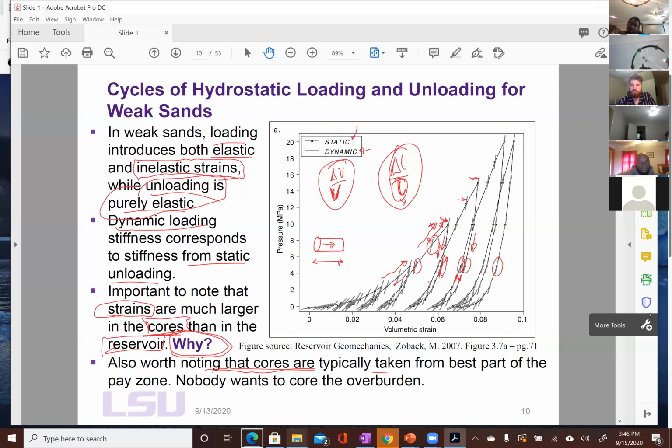And those stresses are much higher than what the rock was subjected to in the reservoir. So those additional loading steps will be irreversible. They will contain both elastic and inelastic strain. So that's a good question. Once you apply stress greater than the rock has already seen, then you could incur permanent deformations. Any other questions on this slide?